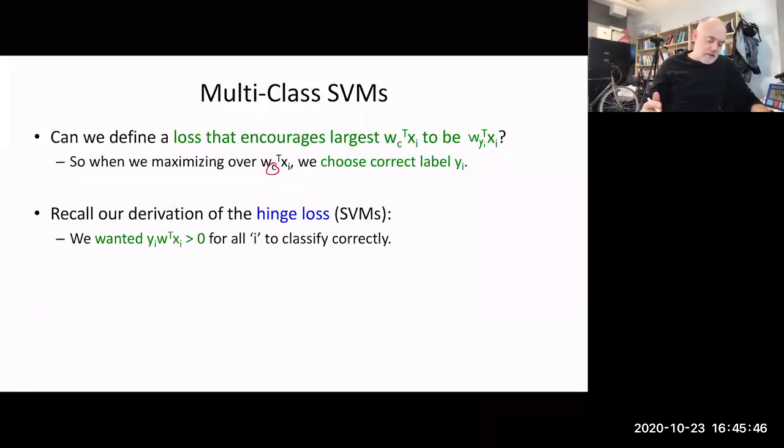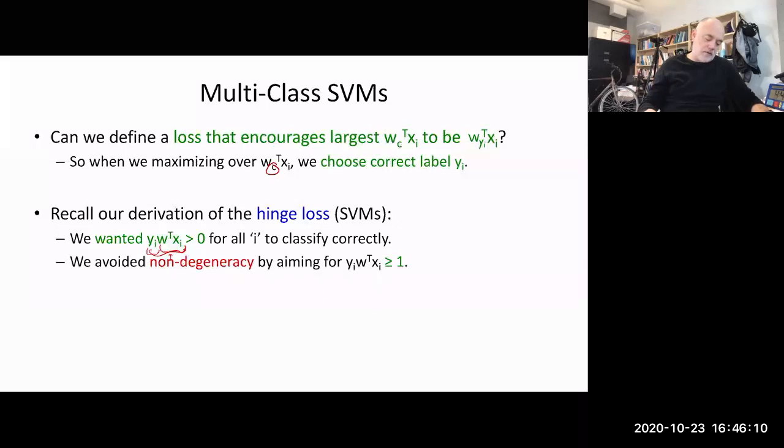So let's think about the derivation we made for the hinge loss, okay? First thing we said, okay, well, we want this to have the same sign as yi, right? Which means we want a negative when y is negative and positive when y is positive. So we can just multiply them together, and we want this whole product to be greater than 0 to classify. If that's true, then we classify all of our instances correctly.